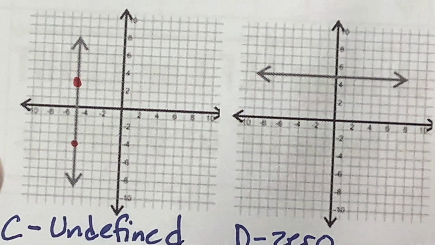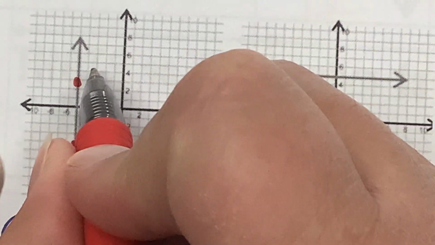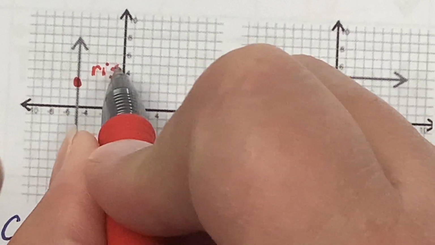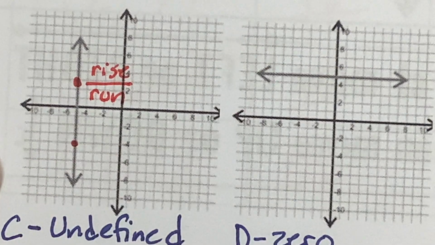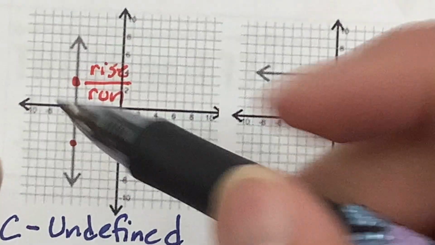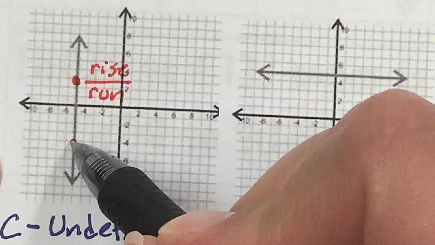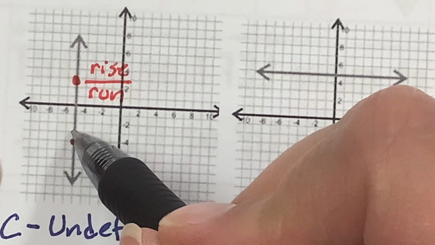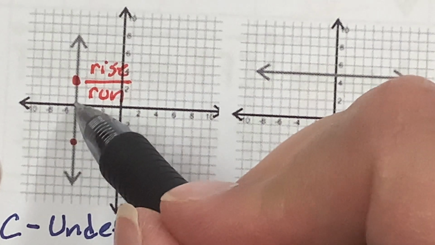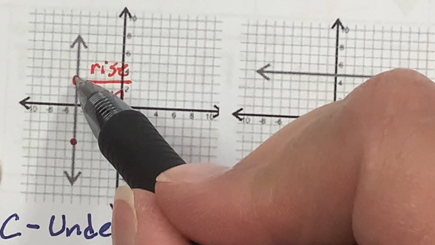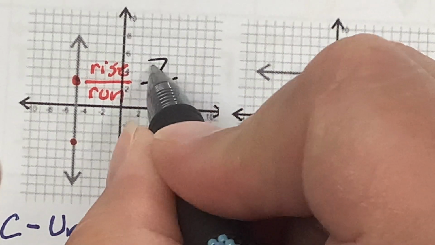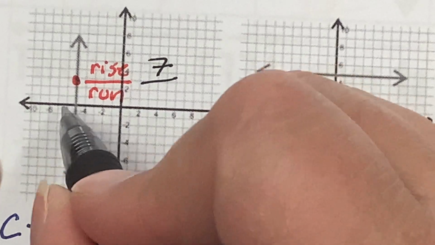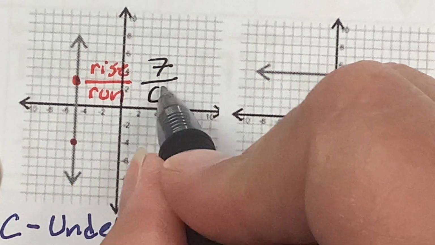Now, to find slope, you need rise over run. You did this last year, rise over run. By rise, I mean start at the bottom point and count up. 1, 2, 3, 4, 5, 6, 7 boxes till I get to my point. Over. Oh, it doesn't go right or left. It's 0.